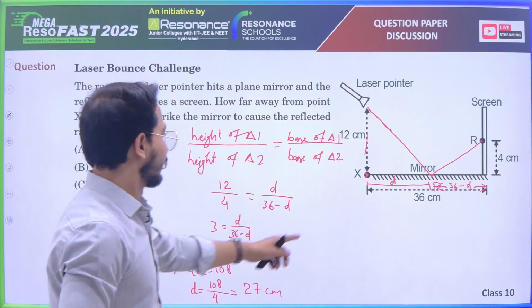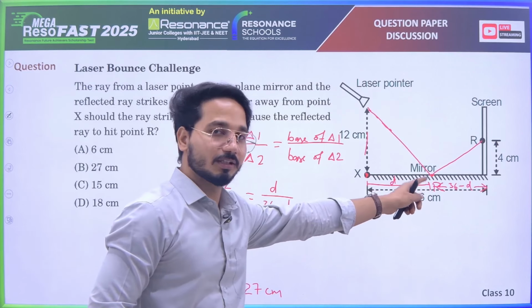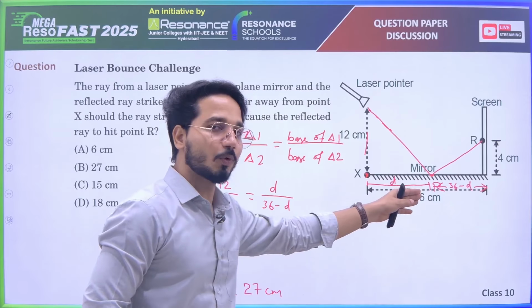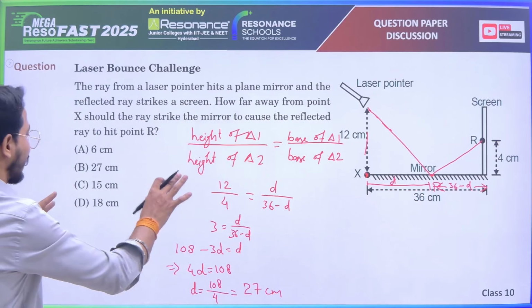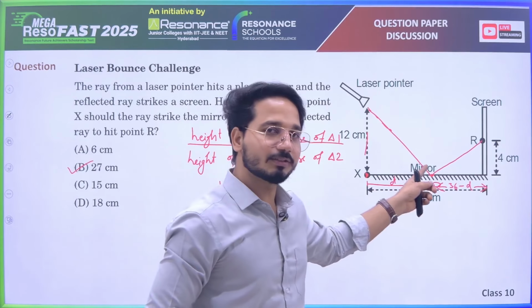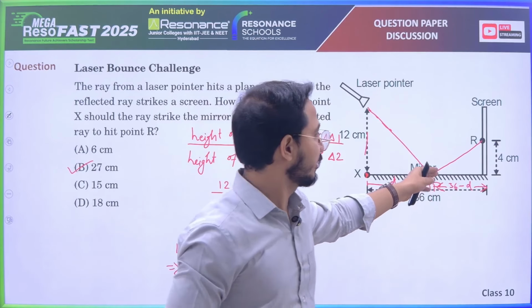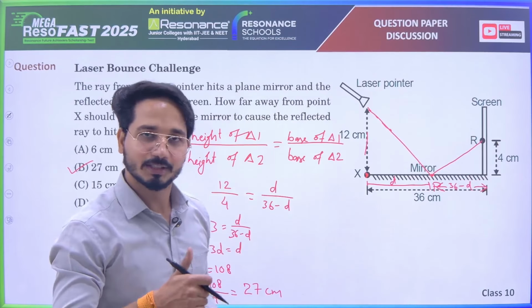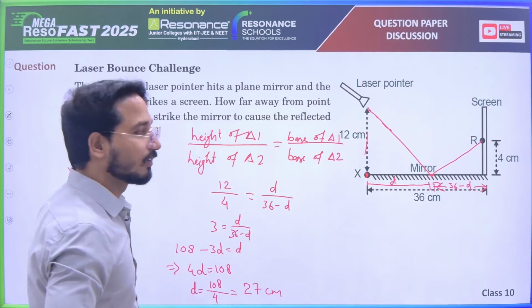So point P is 27 centimeter away from point X, and our answer is option B, 27 centimeter. If we light this torch at 27 centimeter, then it will reflect back and hit the point R, right? Clear? Okay. Moving ahead to the next question.